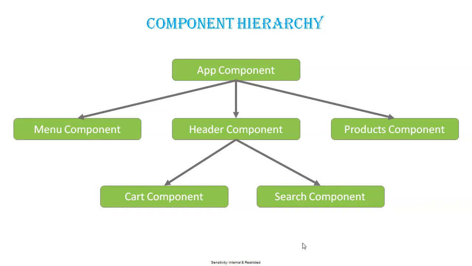Maybe header component may have a child cart and search component. So finally, each and every component is the child of app component in case of Angular. So hope friends you got some idea about what is component and what exactly it is going to do. Let us look at the next slide.